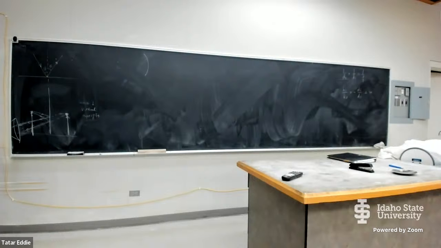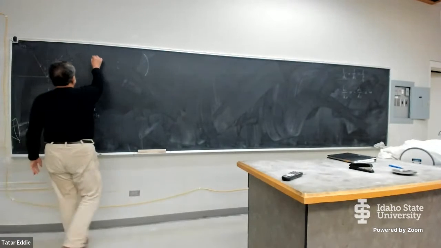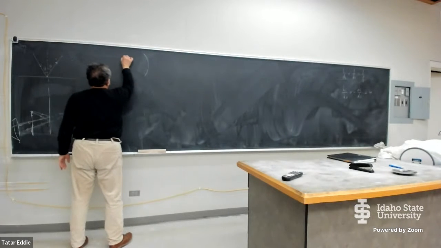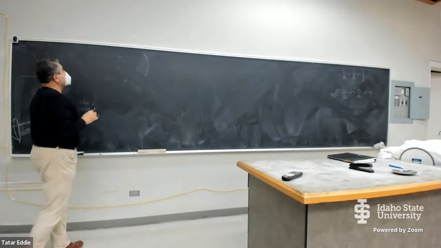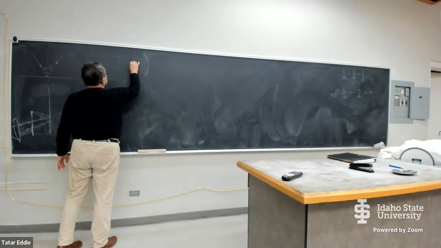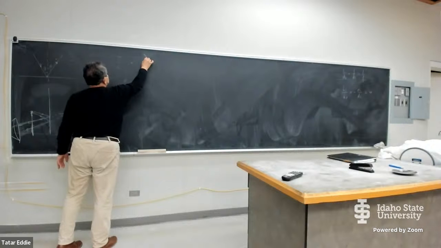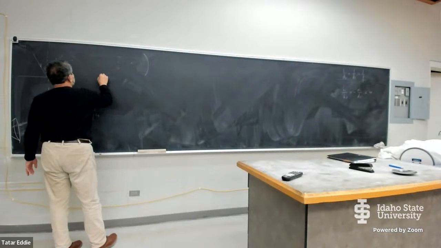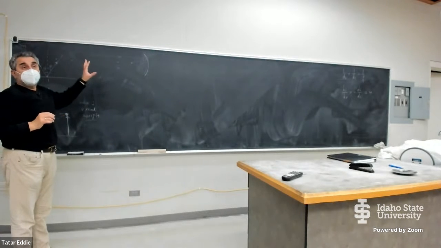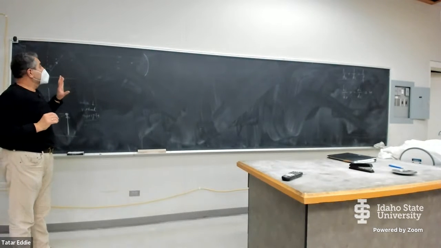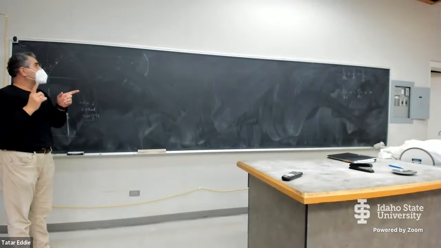But you can demonstrate that this mirror has the following property. Any light ray that is coming in parallel to the principal axis is always going to be reflected through a single point. This single point is what we call the focal point of the mirror. And notice something here.